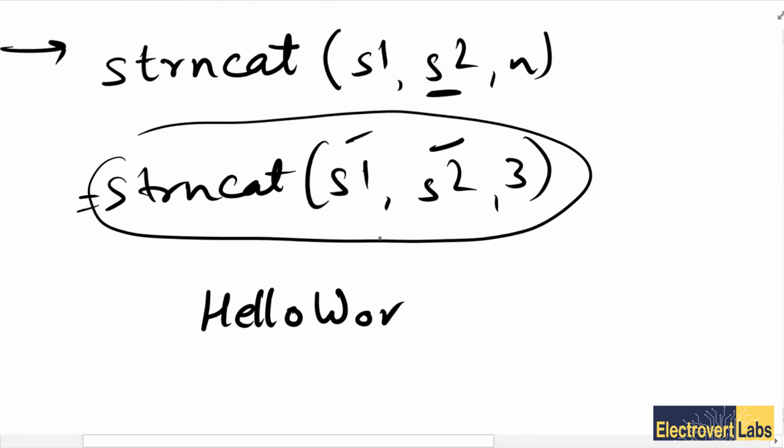Because only the first 3 characters of the second string will be concatenated. So basically it trims s2 according to the input, and then concatenates it to s1.